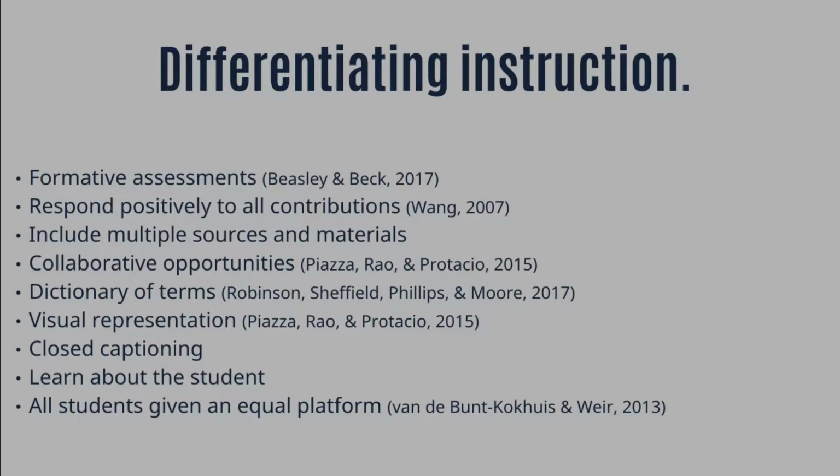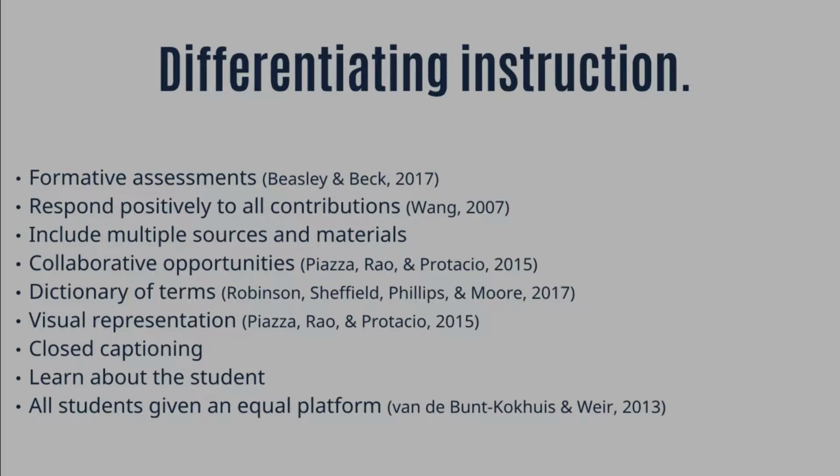If you have students in your course who are English language learners, ask your students to compile a dictionary of terms used in the course that may have multiple meanings. Students who are ELL or have an exceptional need may benefit from visual representations, such as charts, images, or diagrams, to supplement the text.